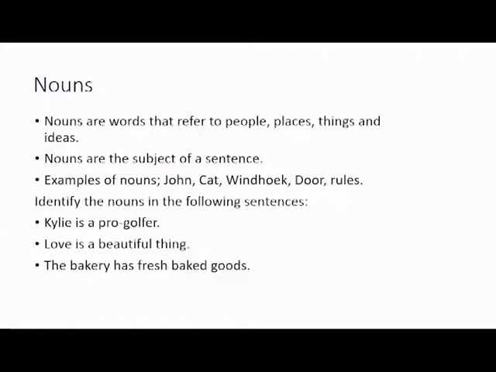In this sentence, our noun is Kylie. The second sentence is love is a beautiful thing. Our noun in this sentence is love. And then we have the bakery has fresh baked goods. In this sentence, we have two nouns. The first noun is bakery, and then the second noun is goods.